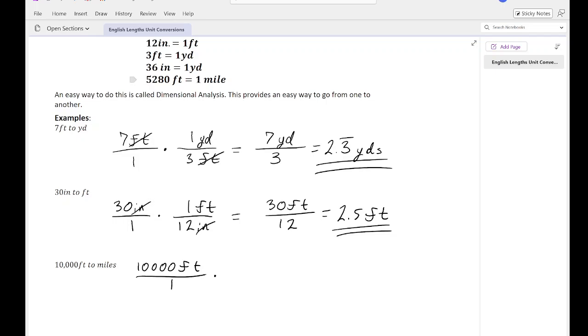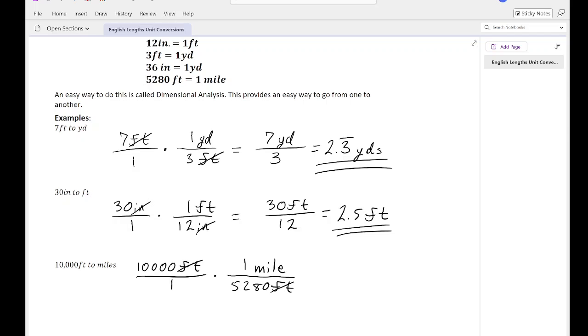And I see it right here, 5,280 feet to 1 mile. So I need to get rid of feet and get it into miles. So I'm going to somehow get the feet in the denominator, which is what I'm going to do. So 5,280 feet. This way the feet cancel, and then the other part is 1 mile. That way feet cancel.